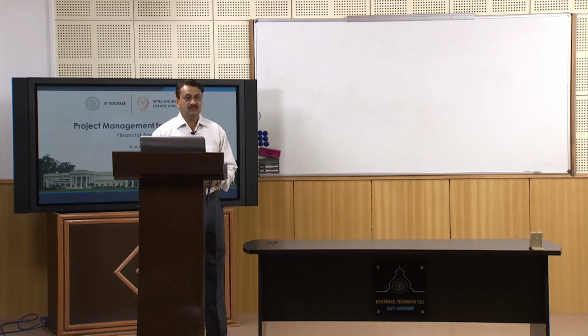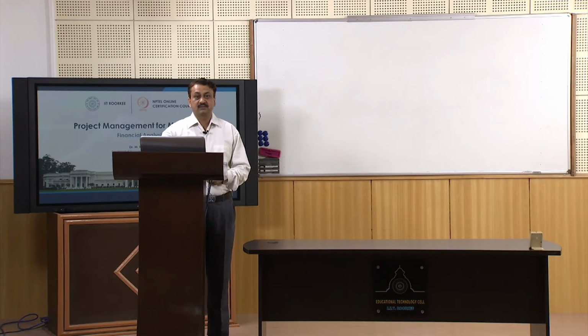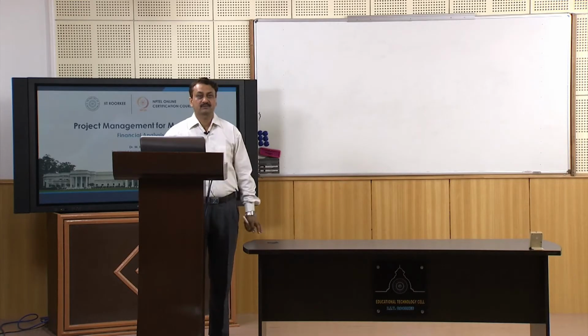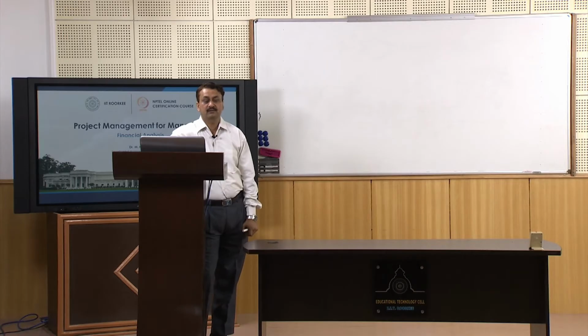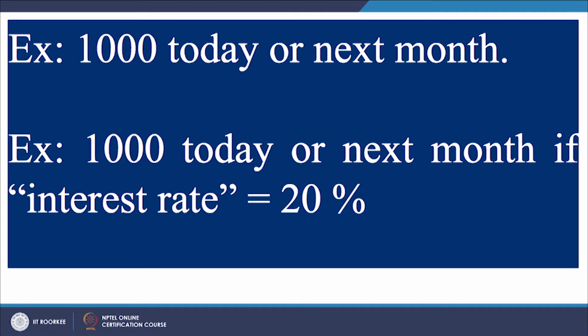Now, the second question is 1000 rupees today or next month if the interest rate is, let us say, 20% per week. What would be your answer? I think now you will change your answer. You should change your answer, because 1000 rupees with 20% interest rate per week would be much higher than the inflation rate.